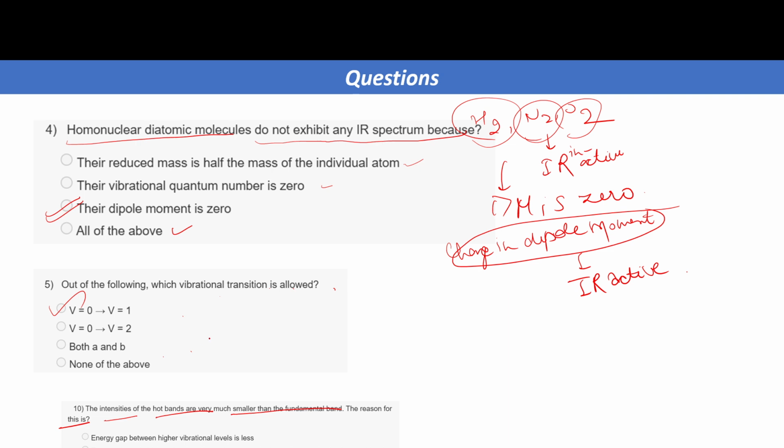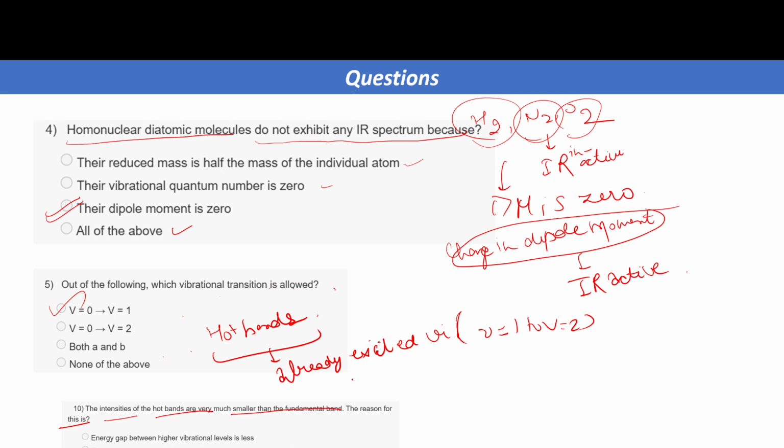Let us study what hot bands are. Basically hot bands arise from the transition from an already excited vibrational state, that is from v=1 to 2, not from 0 to 1, from the already excited state.